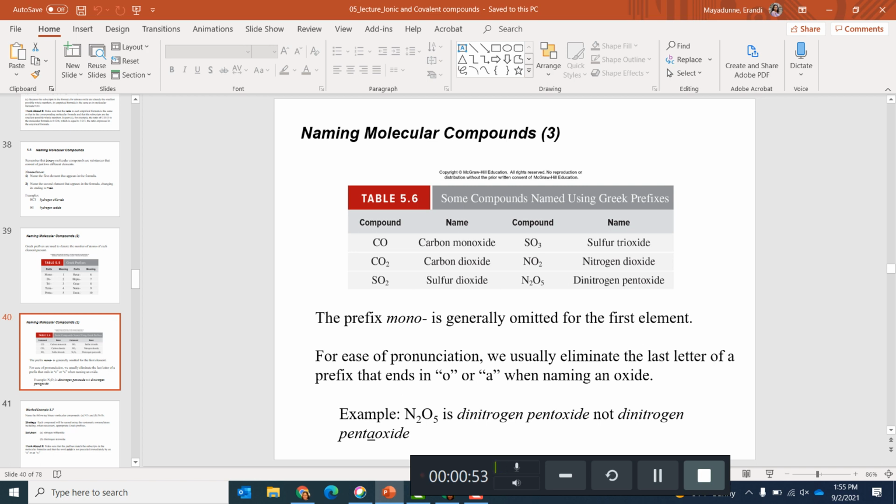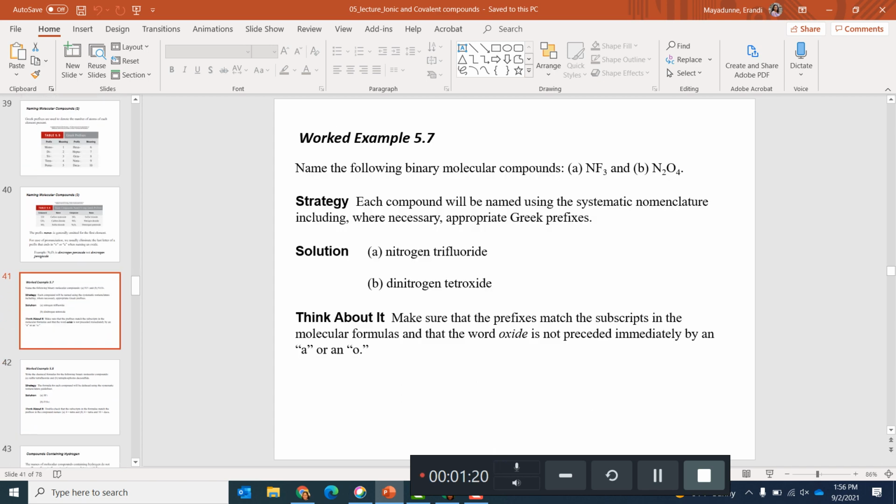And some examples: CO, carbon monoxide, CO2, carbon dioxide, SO2, sulfur dioxide, sulfur trioxide, nitrogen dioxide, N2O5 dinitrogen pentoxide. So it's not pentaoxide, we write dinitrogen pentoxide.